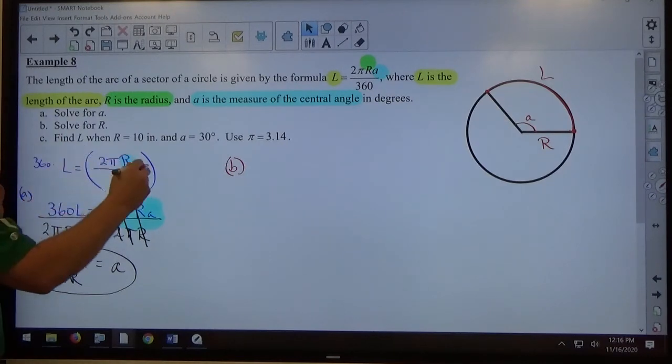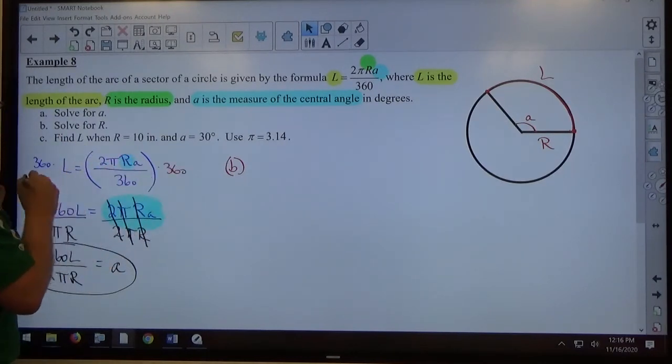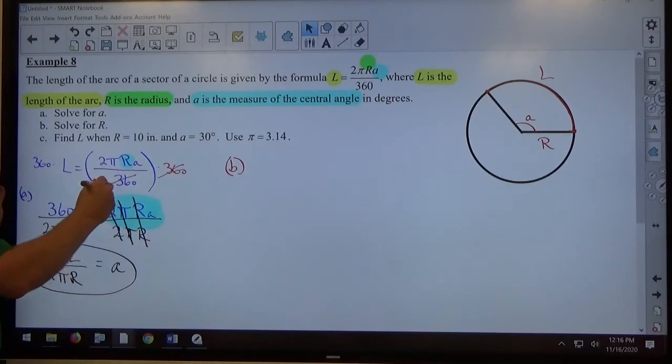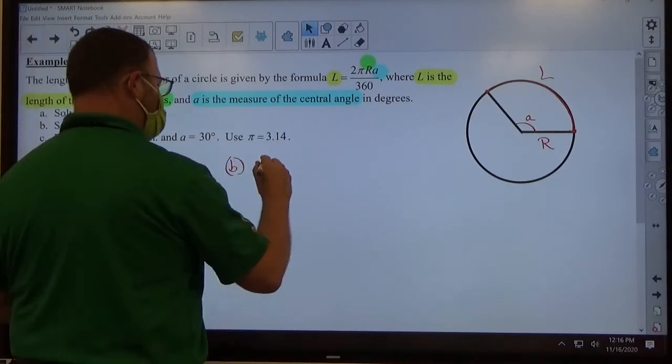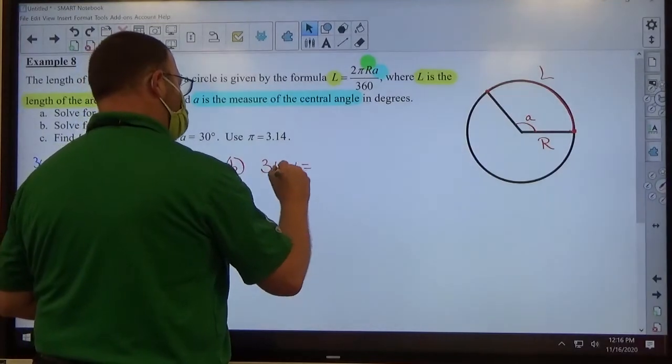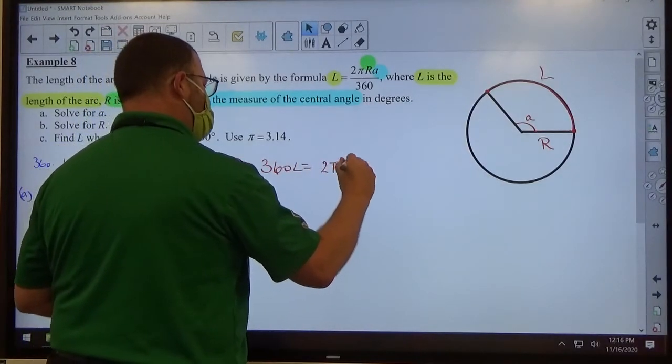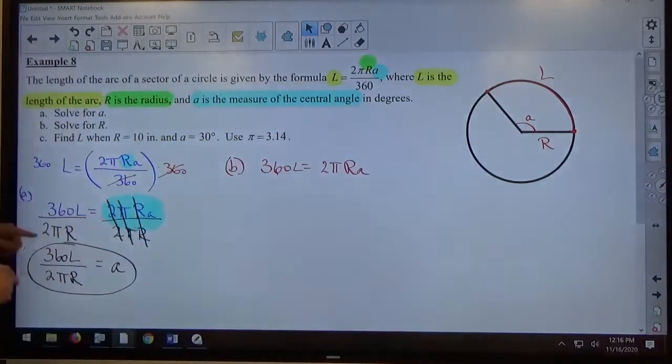Then I'm going to multiply both sides by 360. And notice I'm going to get to the same place I was: 360 times L equals 2 pi capital R lowercase a. Same place I was here, because again, it's the same equation. It doesn't matter what I'm solving for.